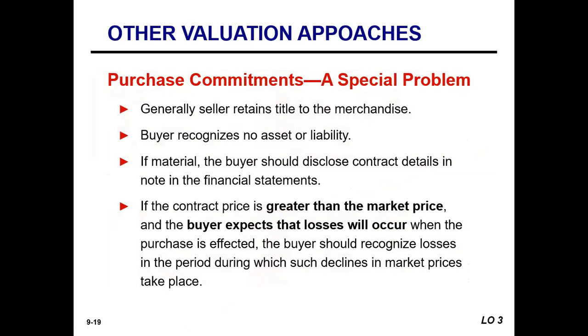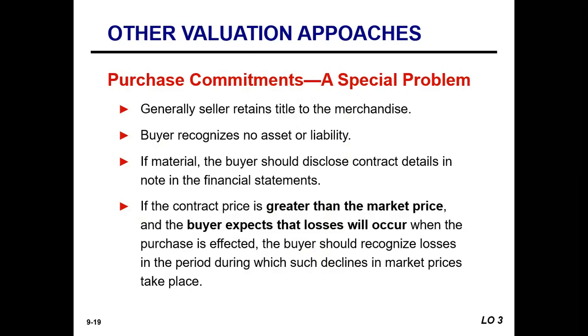If it's material, the buyer should disclose the contract details in the notes to the financial statements. And then as it shows here, if the contract price is greater than the market price and the buyer expects that losses will occur when the purchase is effected, the buyer should recognize losses in the period during which such declines in market prices take place.